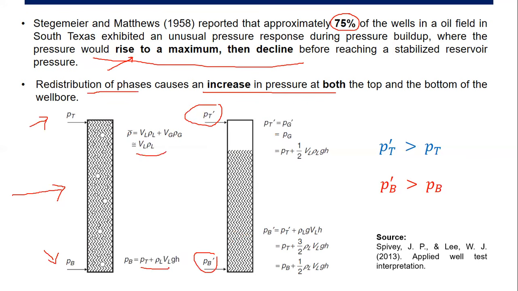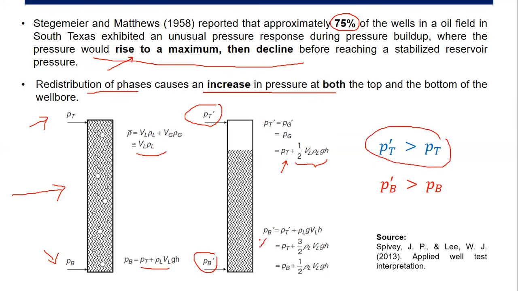And PB is here. But after the phase redistribution, now we have new PT, which is the initial PT plus a positive value, which means that new PT is greater than the initial PT.